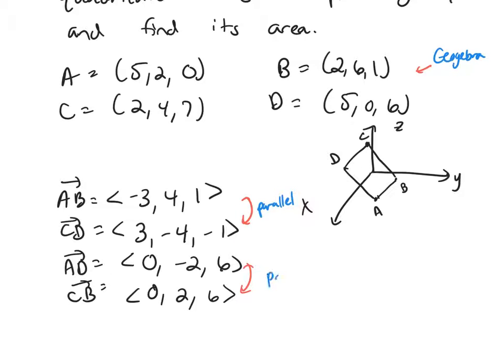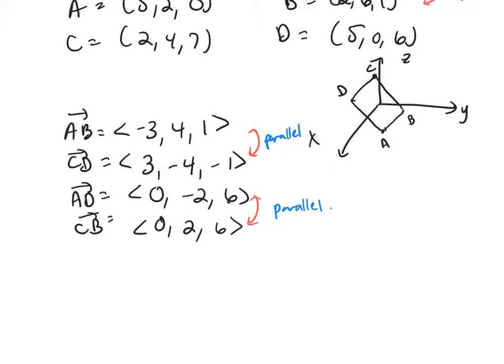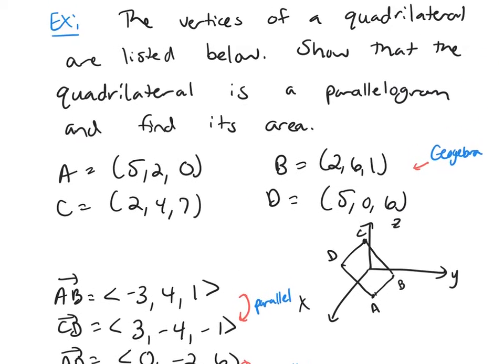So these vectors are parallel, which means that this quadrilateral has parallel sides. Therefore, it is a parallelogram.